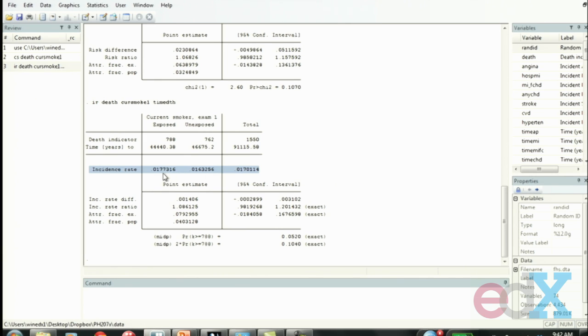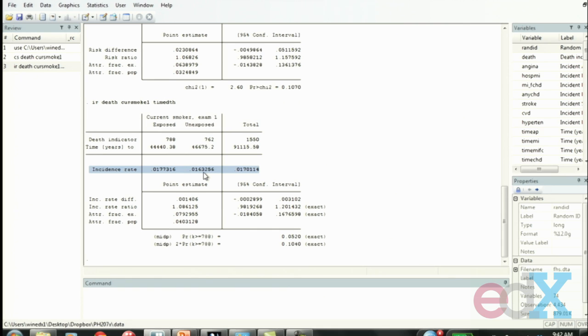And we can see that the incidence rate in people who reported current smoking at baseline of death was 0.0177 per person year. You could also multiply this by 1,000 to get that the incidence rate of death was 17.7 deaths per 1,000 person years.